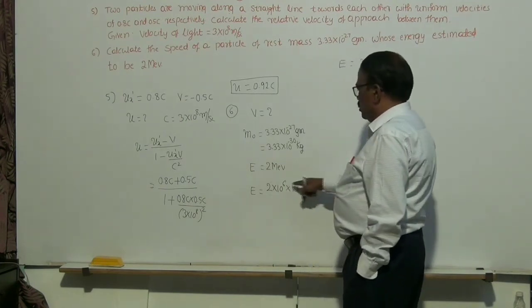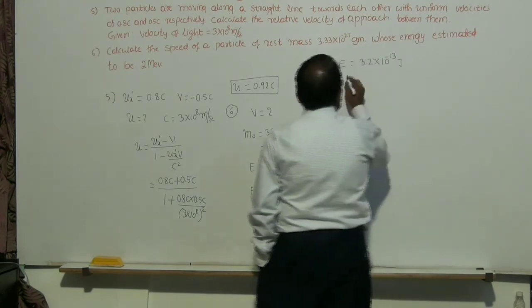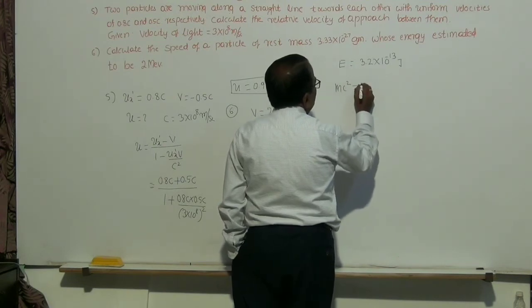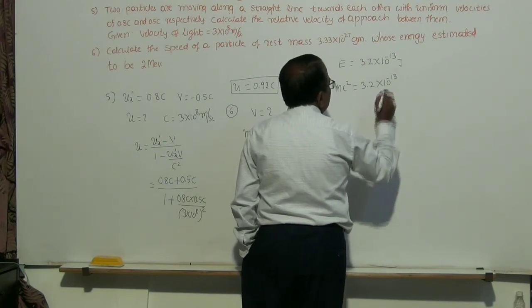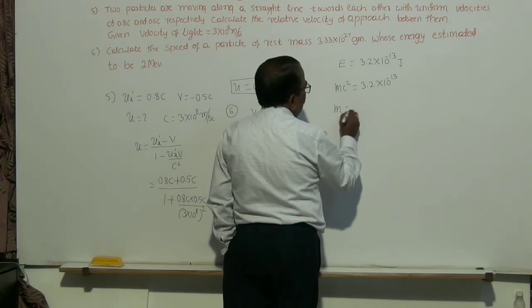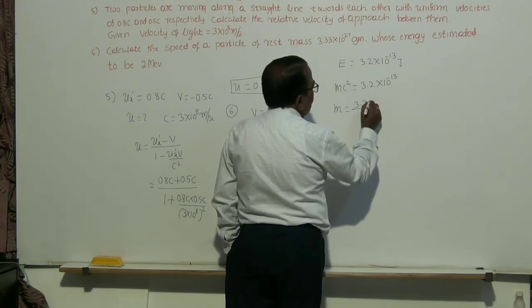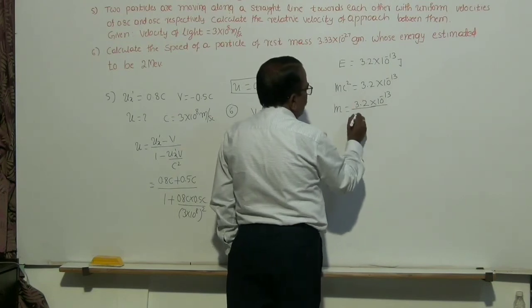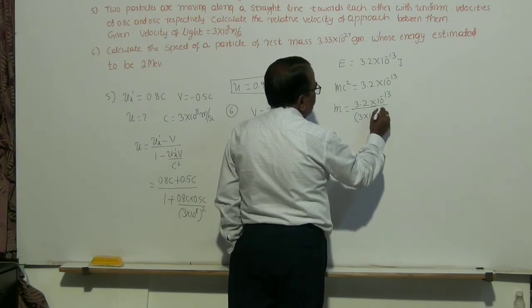It is minus 19 and plus 6. You know that mc square is equal to 3.2 into 10 raised to minus 13. Your m is equal to 3.2 into 10 raised to minus 13 divided by c square, 3 into 10 raised to 8 whole square.